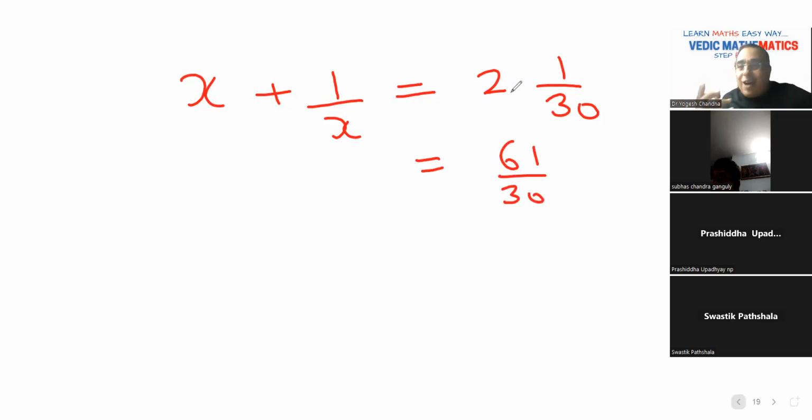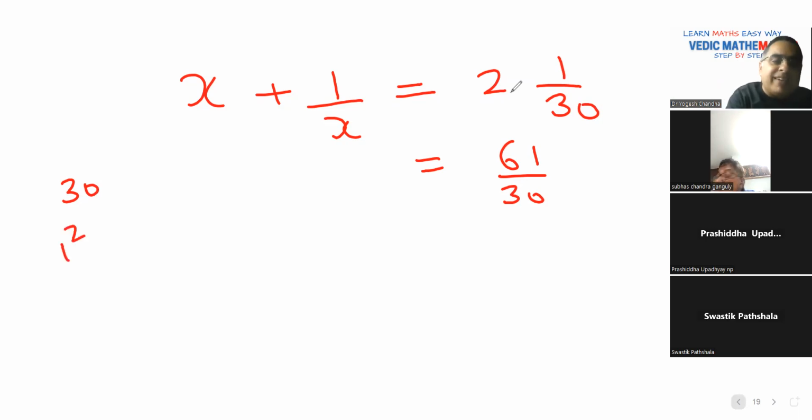Now, how can you get product as 30? One is 1 into 30. But then I cannot get a² plus b² as 61. Can you get this? So that would be 901. Cross. How can you get 30 then? 2 into 15.